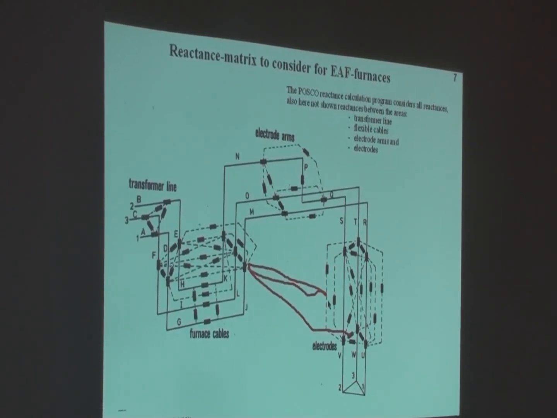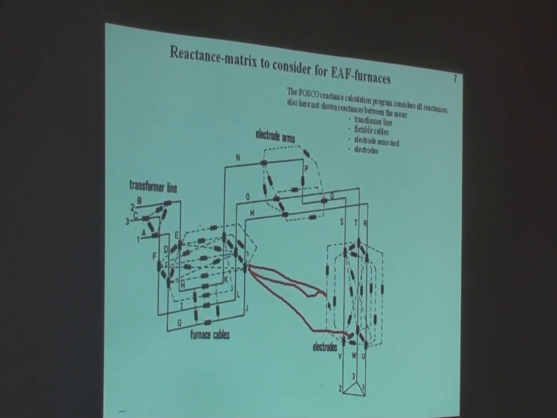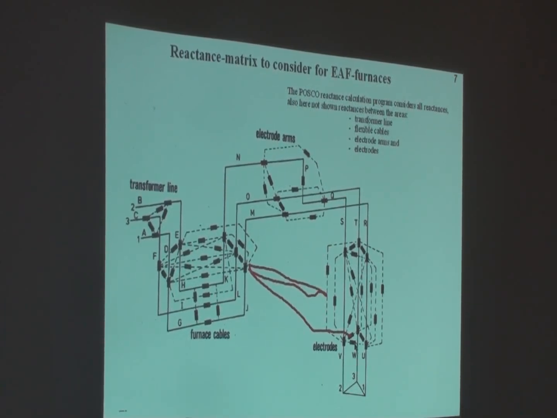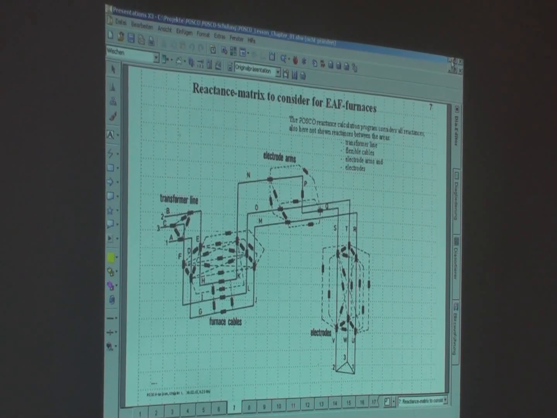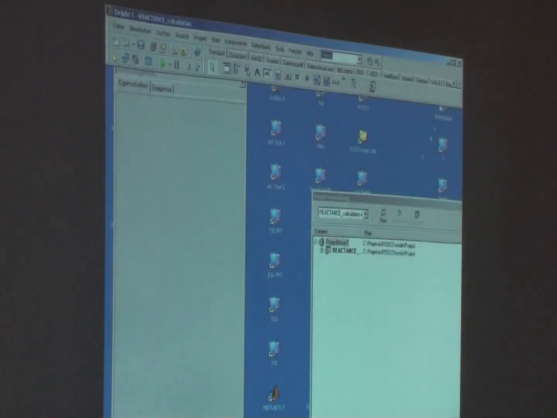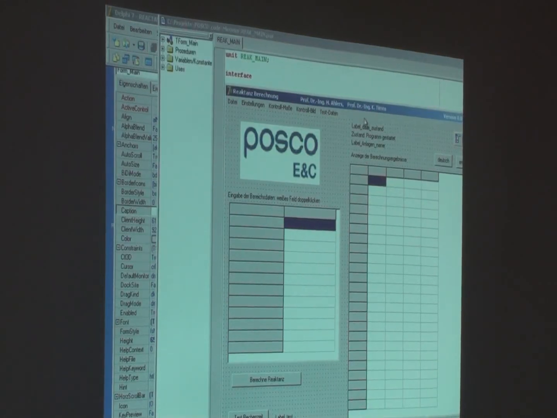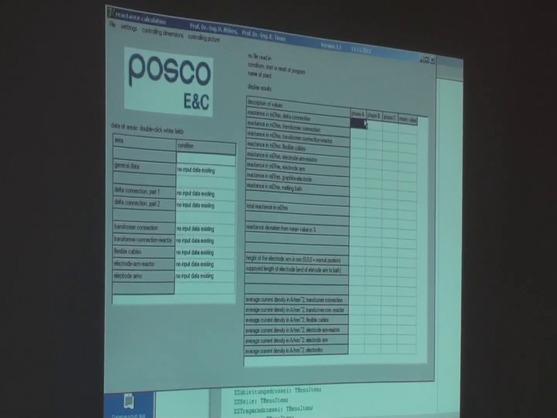Okay, we calculated this reactance with a pocket calculator, but with a pocket calculator we don't calculate this coupling because it's an enormous work. You can try it with this book, a hand-written calculation of the total reactance.